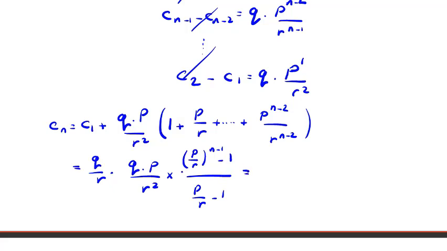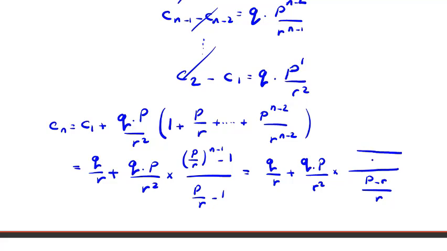Now we calculate this, q over r here, we have plus. If we simplify here, it will be r squared times r p minus r and r^{n-1} p^{n-1} minus r^{n-1}.